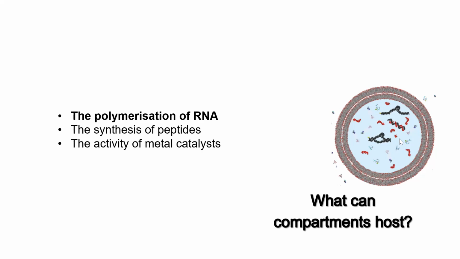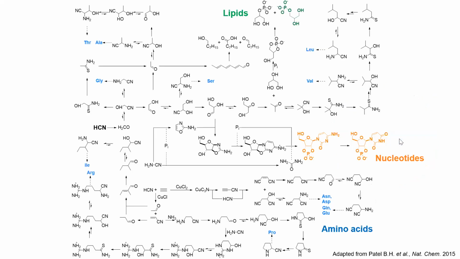So I just want to conclude with one bit. I've shown you before this cyanosulfidic network, and I said that this shows the possible common origin for all the building blocks of life. But from what I've said, you might have realized that there isn't really a strong distinction between all of these building blocks of life.